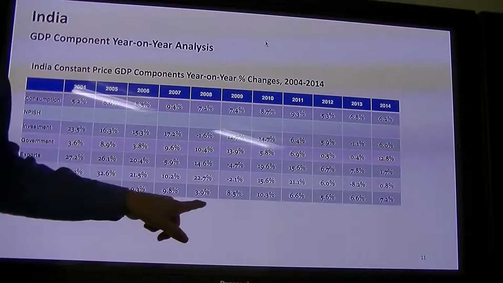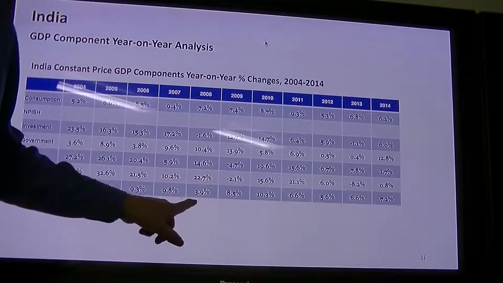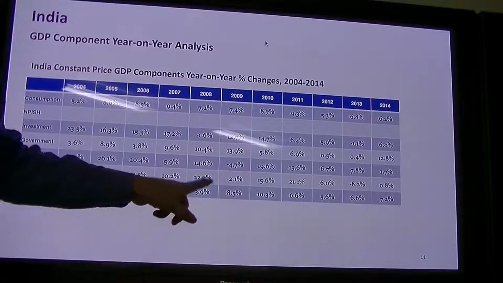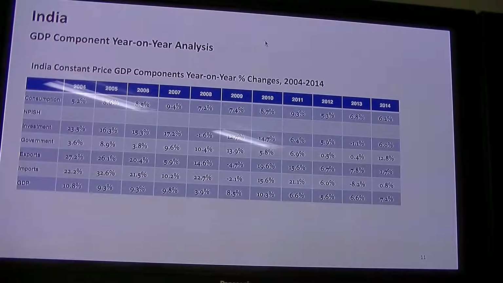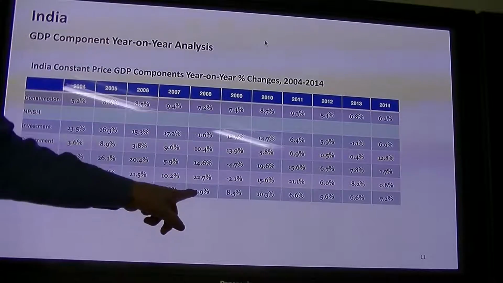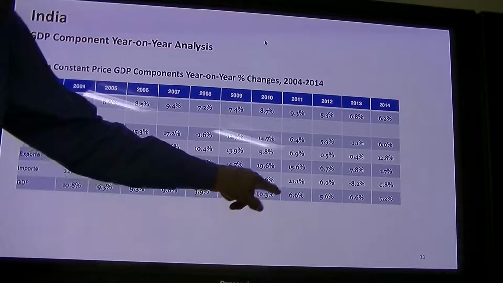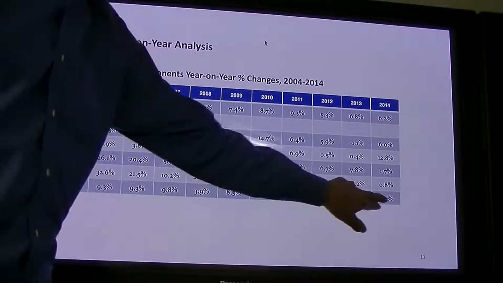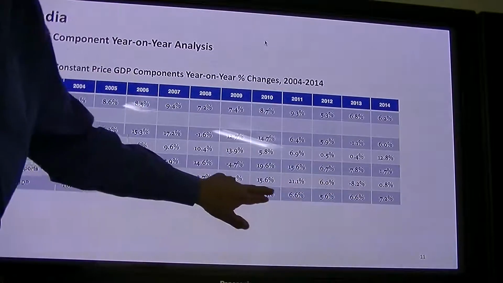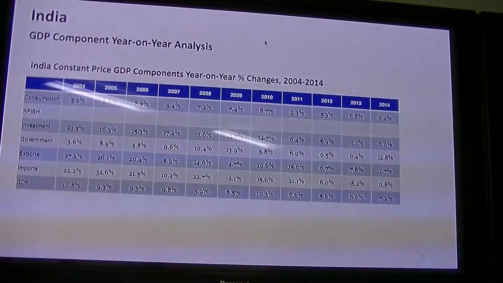This was the effect of the financial crisis. So the growth slowed. The growth in India did slow during that, but it picked up again, and you had some fairly rapid growth. As I've said, it's been about 6-7%. This is more recent.